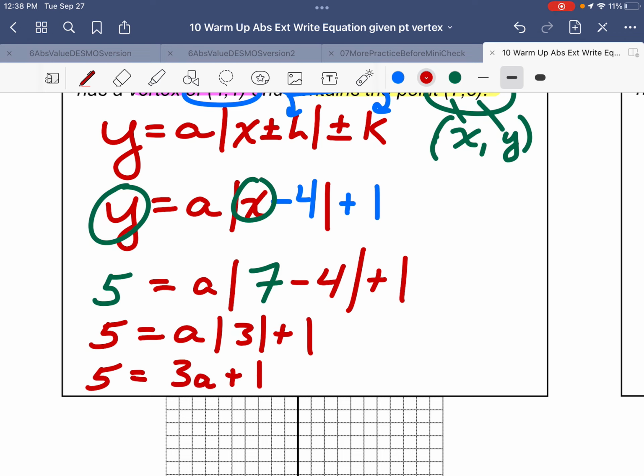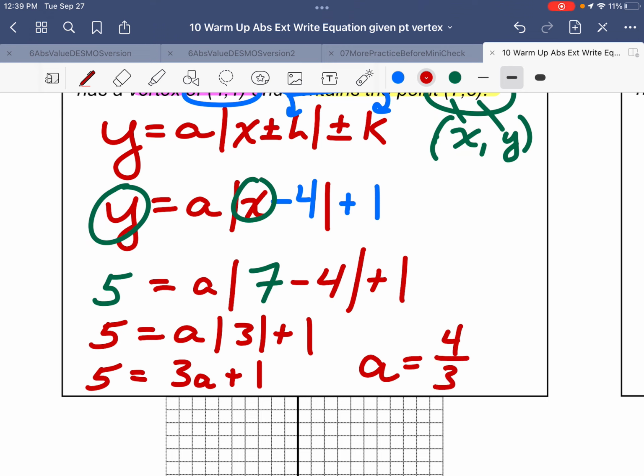So we can write that as 3a, because that's more of the order that we're used to seeing. If you keep solving this equation, you would subtract 1, and you would divide by 3. Can we do those steps together? If you subtract 1, you get 4. And if you divide by 3, you get 4/3 for a.